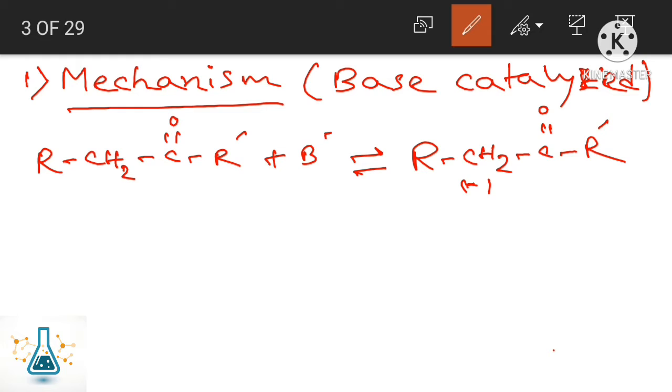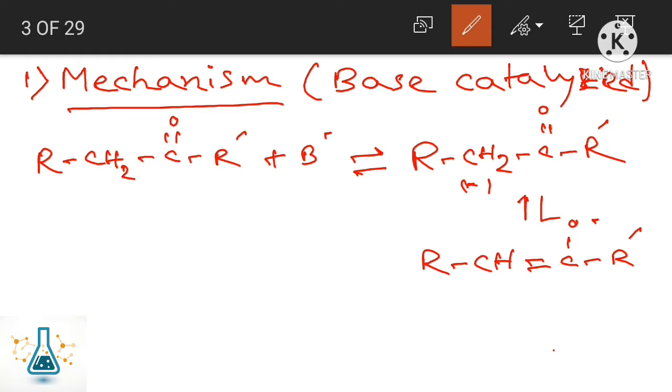So this is basically an acid base reaction, and it is a very fast reaction, so it can enolize like RCH double bond C-O minus R prime. So this is the first step.